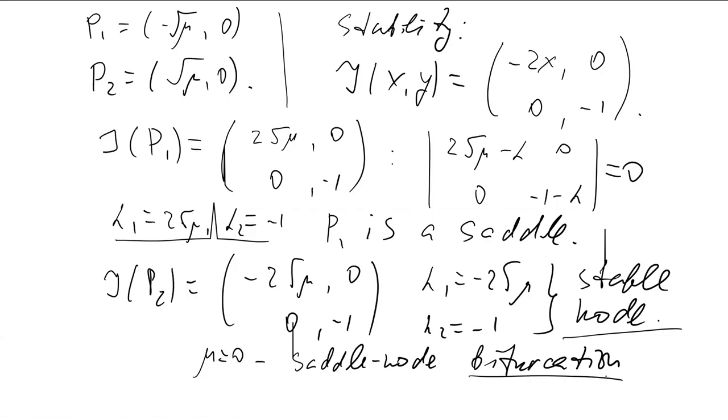So when mu equals 0, we get a bifurcation, and a stable node and a saddle appear. So this is about the bifurcation taking place in this particular example.